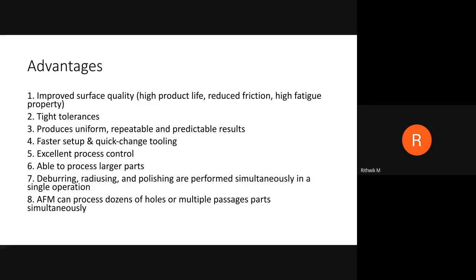Now, deburring, radiusing, and polishing are performed simultaneously in a single operation. So within a single operation, we can do all these operations, like deburring, removing the burrs, then radiusing, making radius, polishing, etc. Everything can be done in a single operation, or simultaneously.